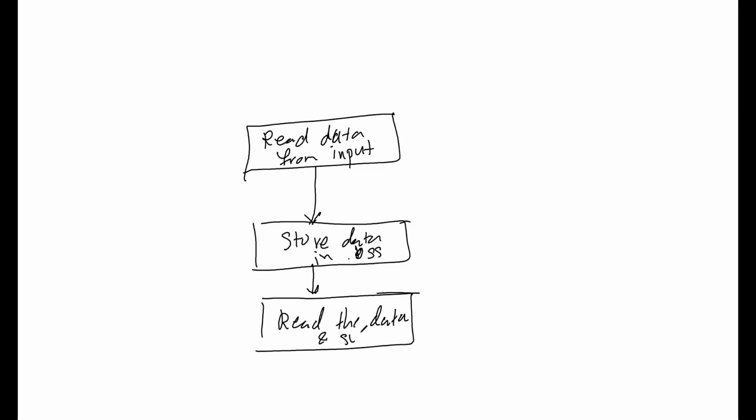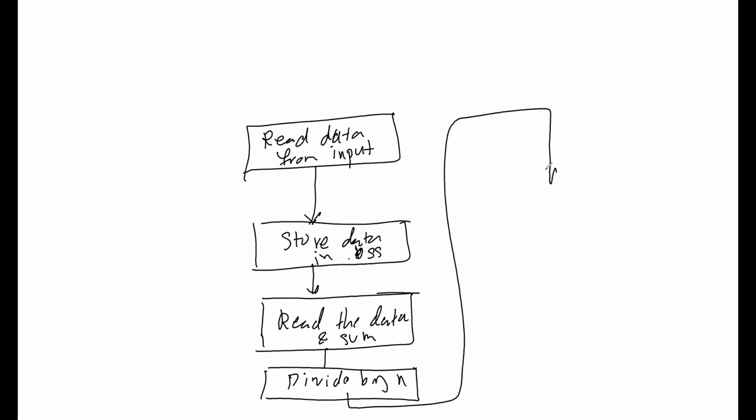Because reading and adding can be done using only one loop, and then divide by n, and then here you print out the result.